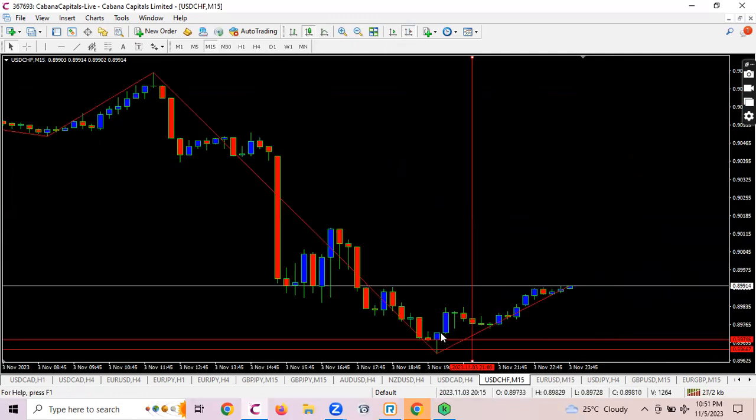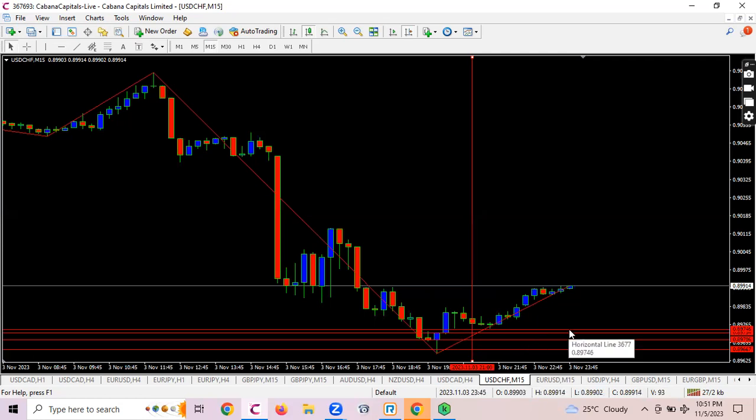Okay, so on 15 minutes, I think we have a very small fair value gap here. Yeah, so I prefer working with this fair value gap. So I want to see price pull back into this fair value gap before I would buy.